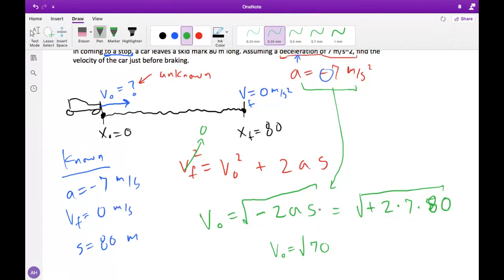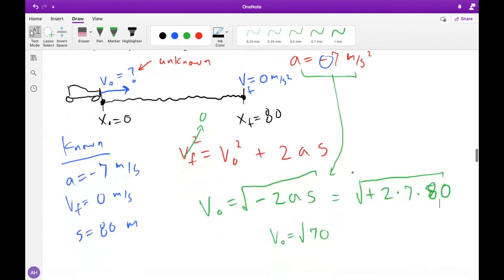So 2 times 7 times 80, and we get the square root of 1120.